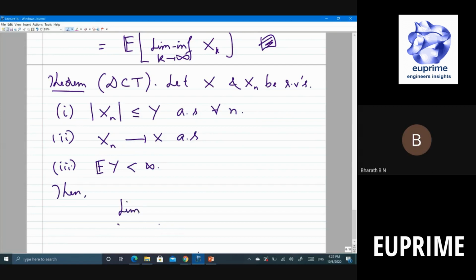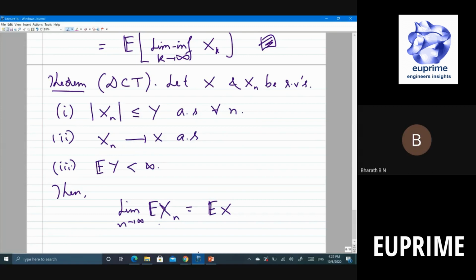Then the limit as n tends to infinity of the expected value of Xn is equal to the expected value of X. It says you can interchange the limit and integration without any problem. This is called the dominated convergence theorem.